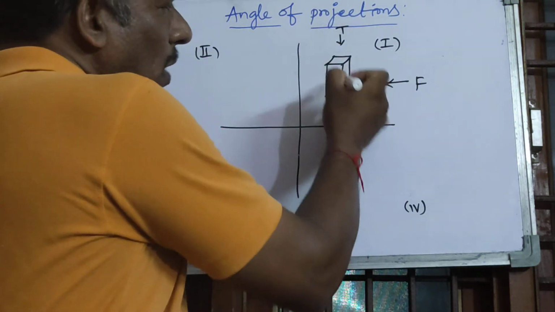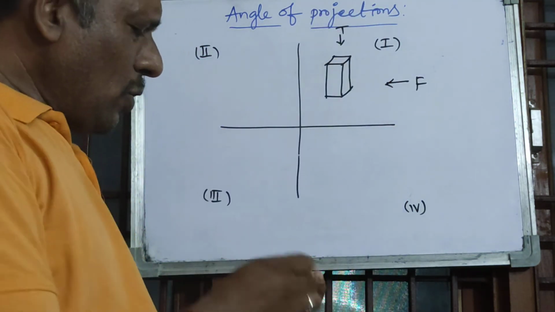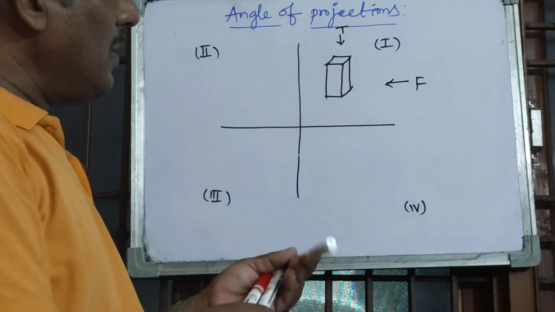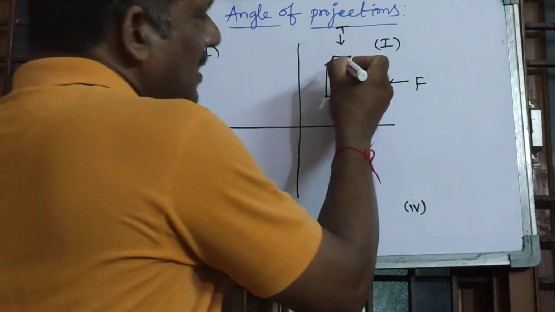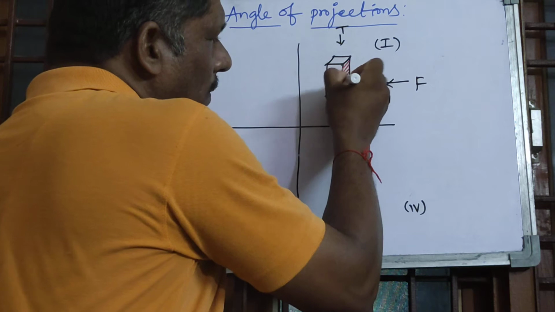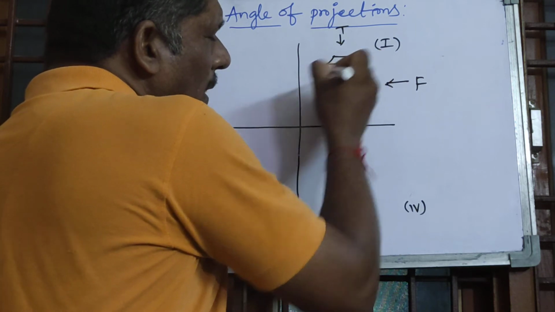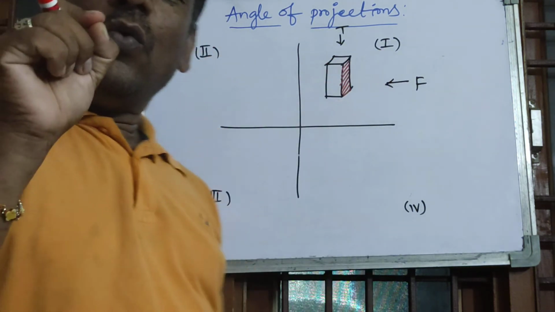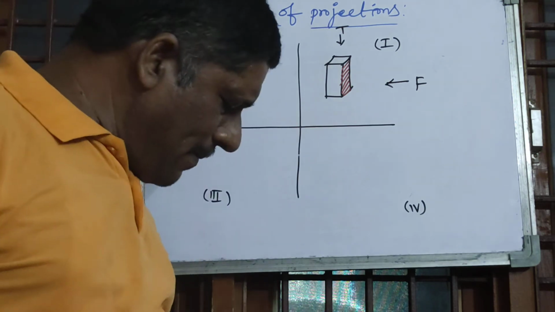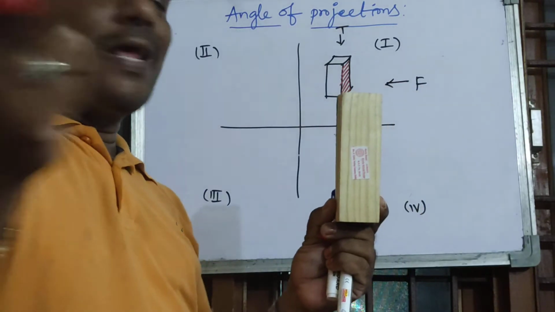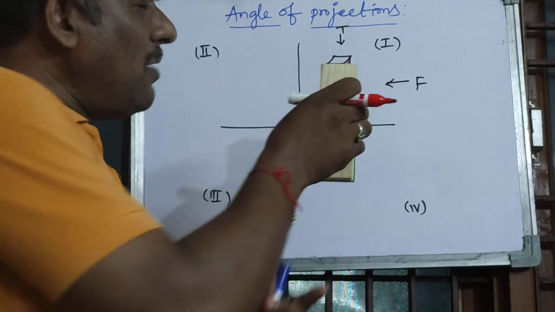From the front, this front portion is visible, and the front view falls on the vertical plane.